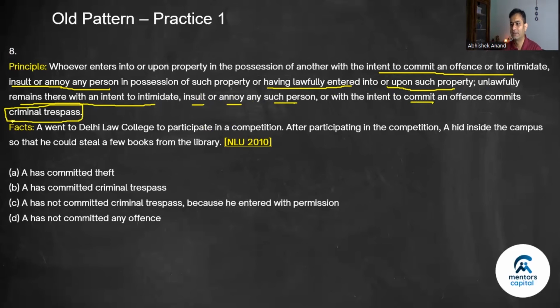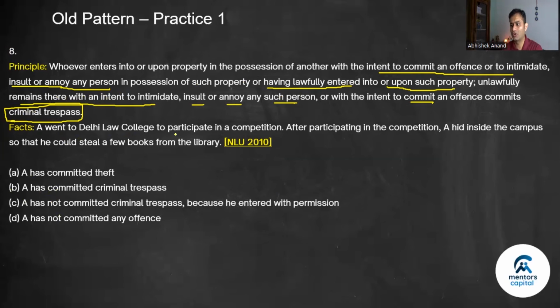So basically, whether you enter lawfully or unlawfully, that is not important. Your intent of committing one or three or four or five things, if you do that, that is criminal trespass. So if you enter lawfully but you remain unlawfully, so what is given here? Unlawfully remains there. Okay, so let's look at the facts.